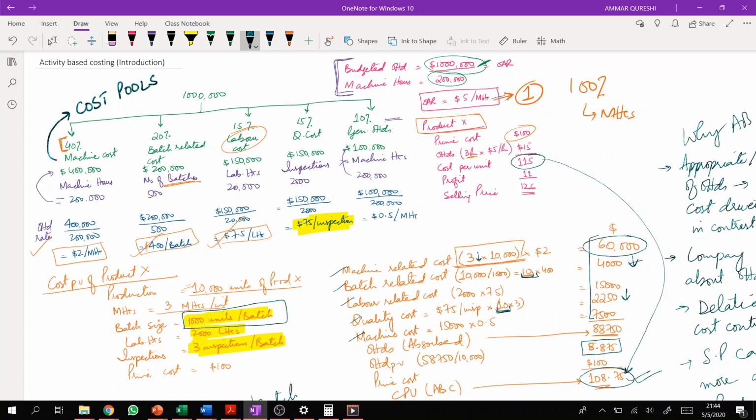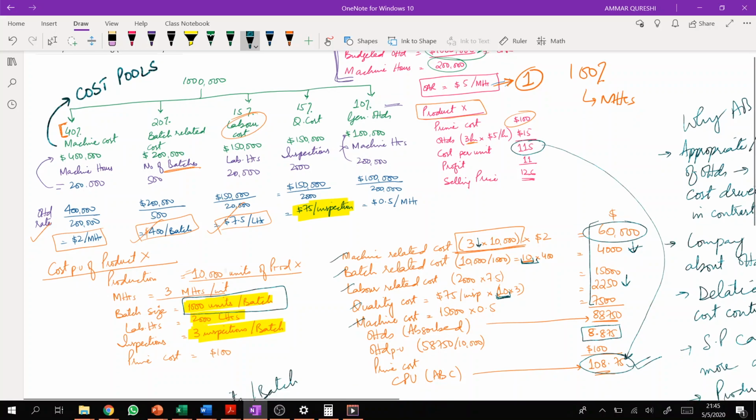If the question says that the company is having three cost pools, that means the examiner is telling you that the company is having three groups of the overheads, right? And these machine hours, which is written in purple, is basically called the cost driver. A cost driver is something which is going to accelerate your cost, which is going to drive your cost. So it will include overheads by using the cost drivers, right?